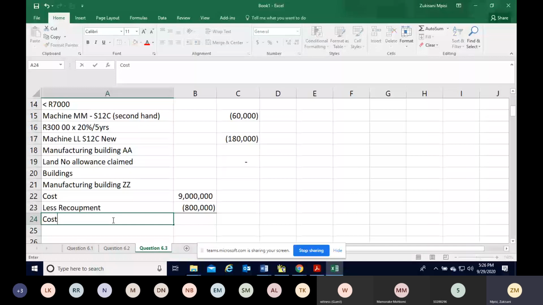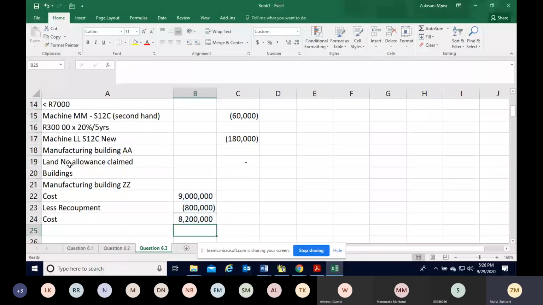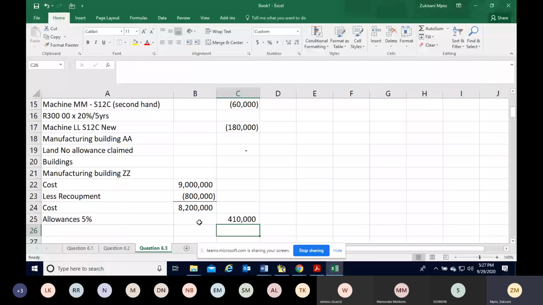So the cost of the building therefore changes and it becomes 8,200,000, and from 8,200,000 you can apply the allowance of 5%, which would be 8,200,000 multiplied by 5%, giving you 410,000. So let us move on.